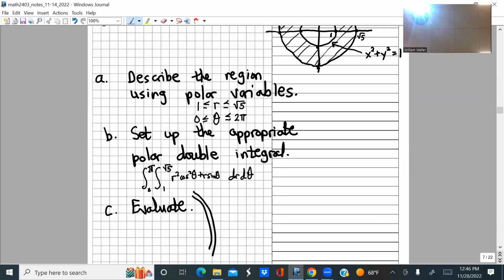But here's the tricky part that's easy to forget. What do I also have to multiply in here? r. Ah, so there's what we're actually going to integrate.